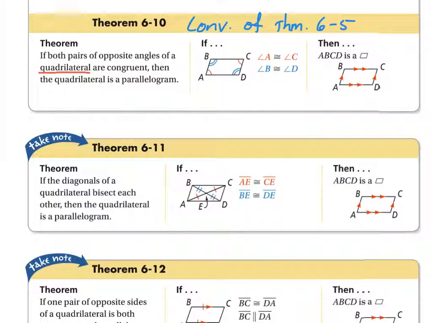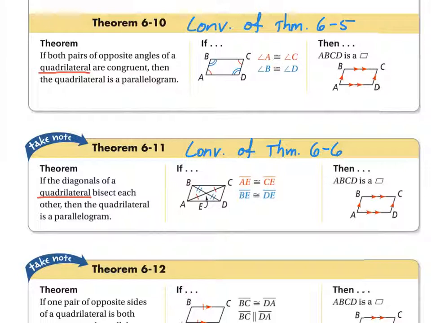Theorem 6-11. In Theorem 6-11, this is the converse of Theorem 6-6 from the other day. And this one says that if we have a quadrilateral where the diagonals bisect each other, then we have a parallelogram.